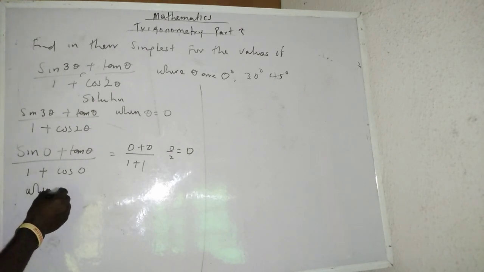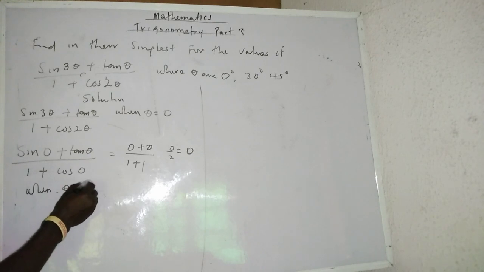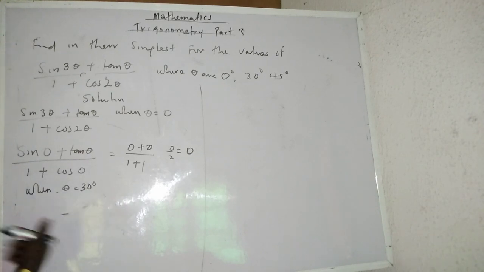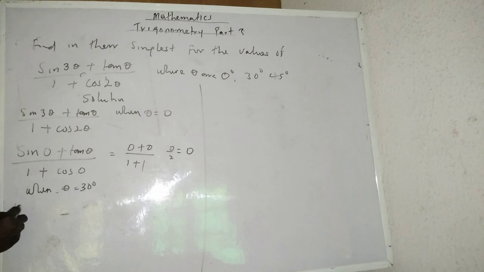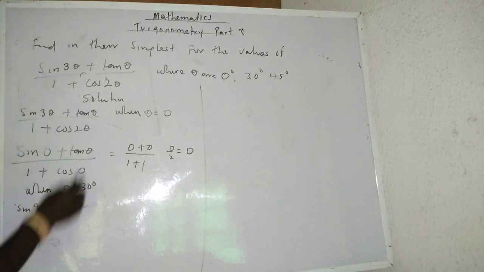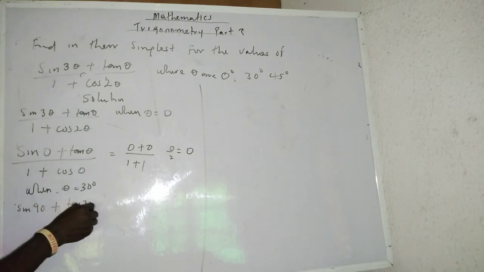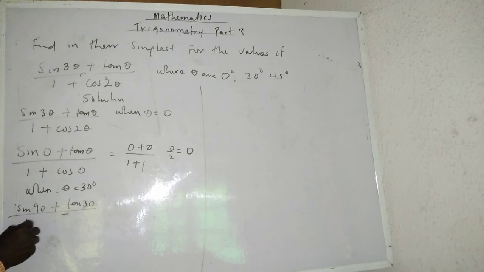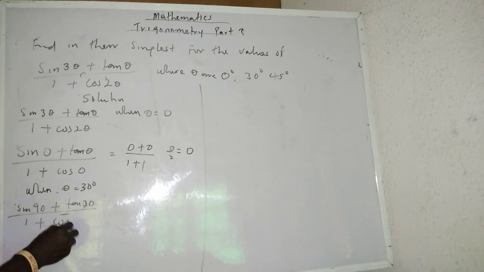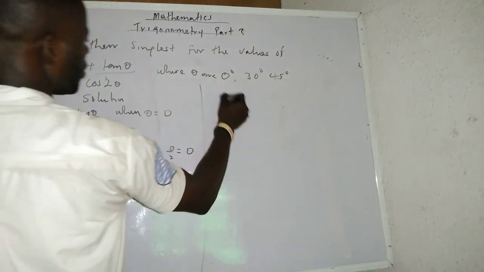When my theta equals 30 degrees, I will have sine 60, which is sine 90, plus tan 30 divided by 1 plus cos 60.